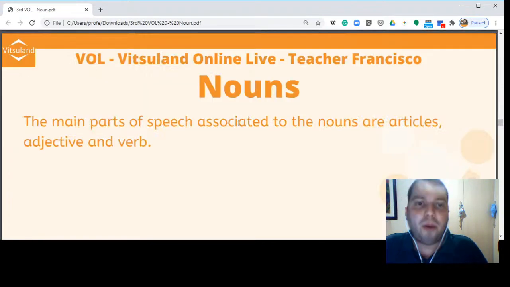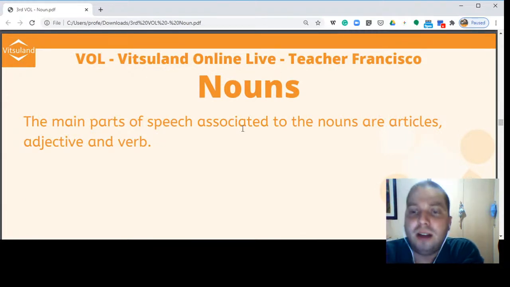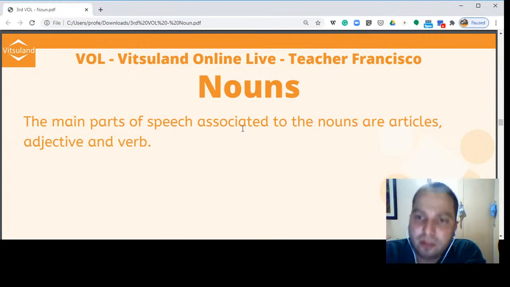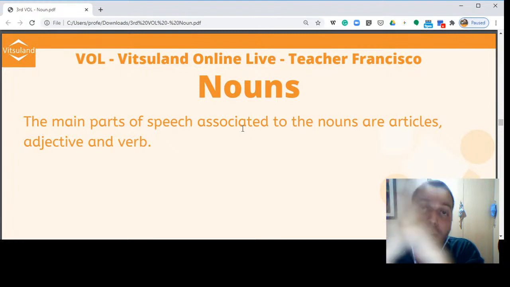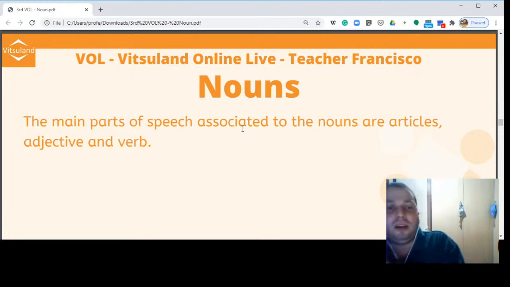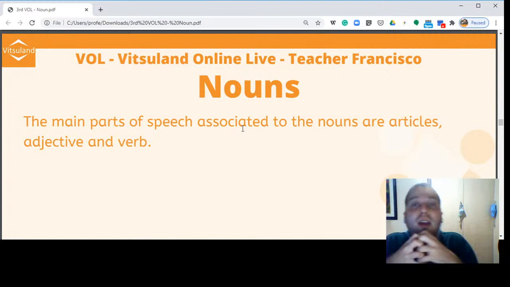So the main parts of speech associated with nouns are articles, adjectives, and verbs. These are the parts of speech that are associated with it.